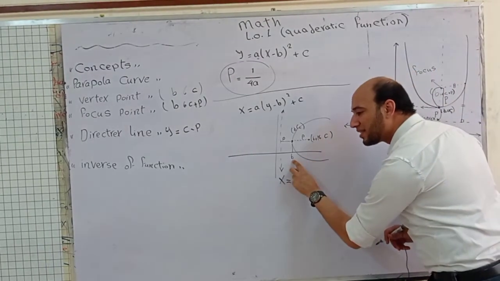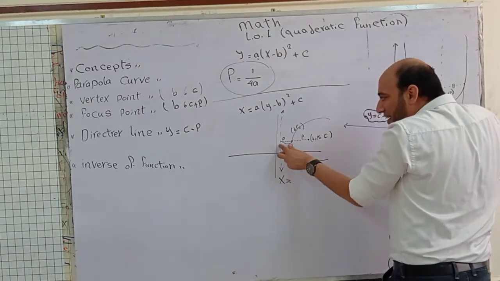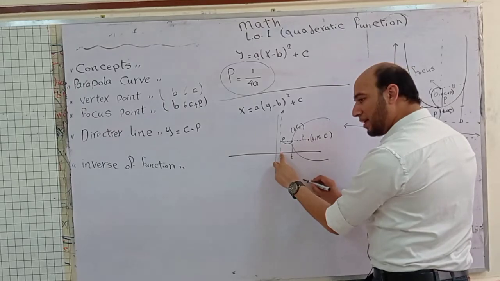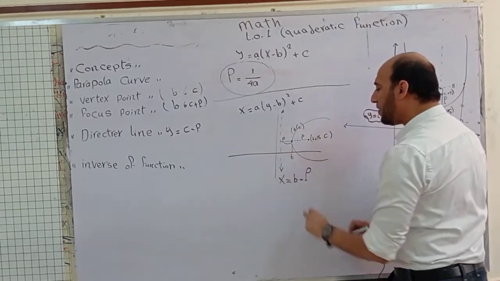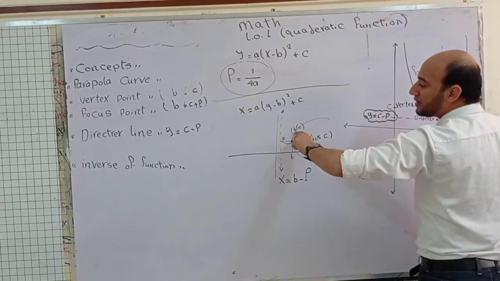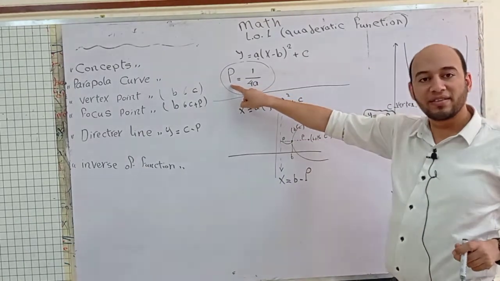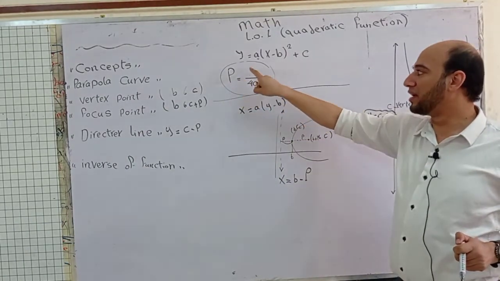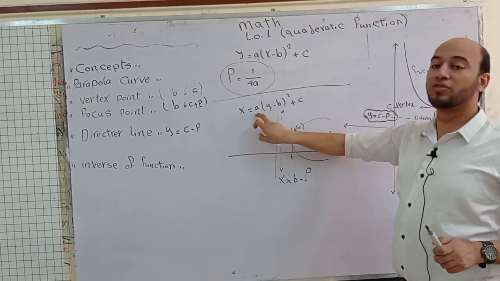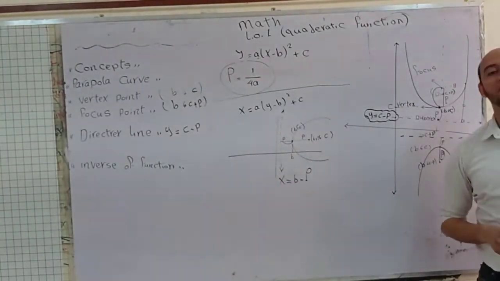This coordinate is b, and this distance is p. Then this coordinate will be b minus p. It is the coordinate of the vertex minus the distance, and we know how to get this distance. P is equal 1 over 4a, depending on this coefficient. This is the inverse of the function.